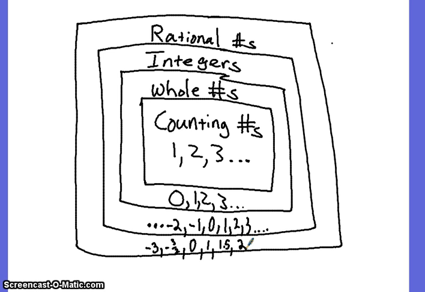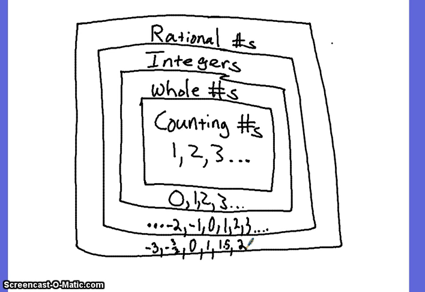Is every whole number an integer? Yes. Is every integer a rational number? Yes. If I start from the middle and work my way out, every counting number is a rational number. Every whole number is a rational number. I can work my way from the inside out, and things are correct. If I work my way from the outside in, things are not.